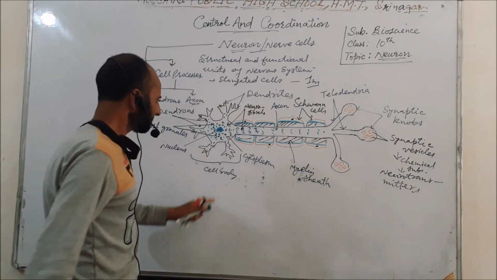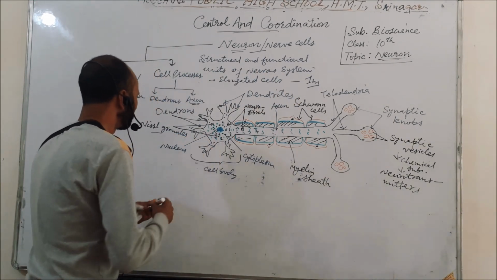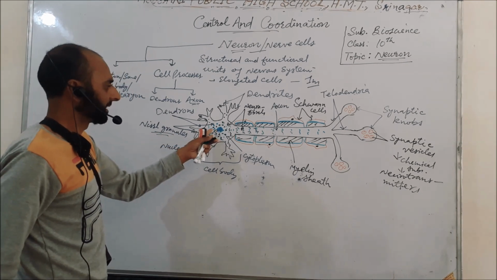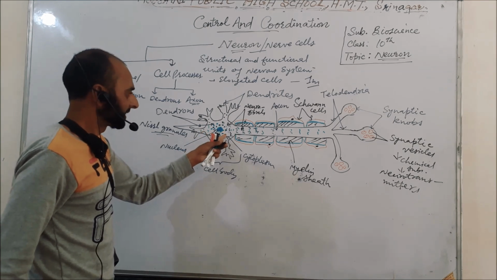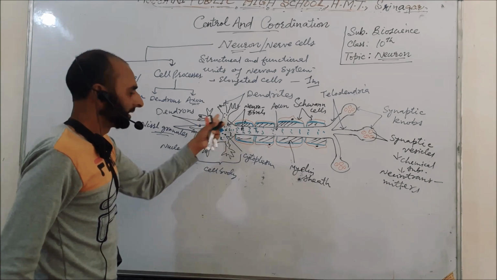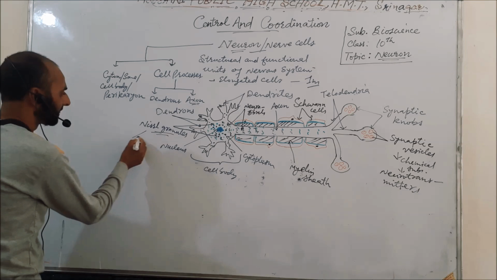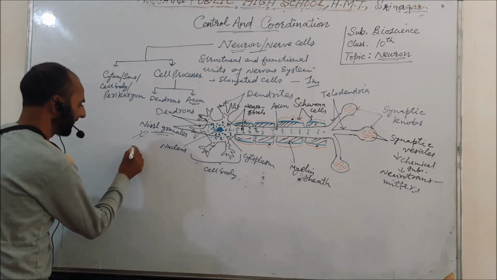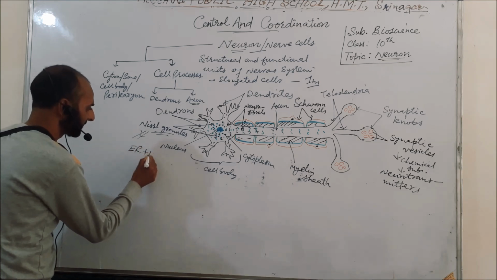Now these Nissl granules, I have told you, are the rounded structures present in the cell body, cytoplasm, and in the dendrons. Chemically, Nissl granules are made up of two things: endoplasmic reticulum plus ribosomes.